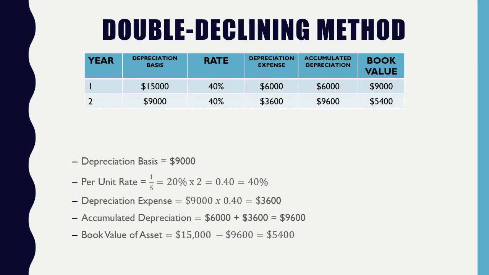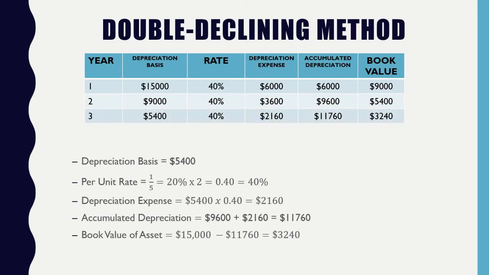And then you take your 3,600 plus your 6,000 to get you a total of 9,600, right? As your accumulated depreciation. And then you're going to figure out what the ending balance in your book value at the end of year 2 is going to be, right? Which is your asset cost of 15,000 minus the 9,600, and you're going to get 5,400, okay? And then it's going to carry on to the next one and the next one, okay?